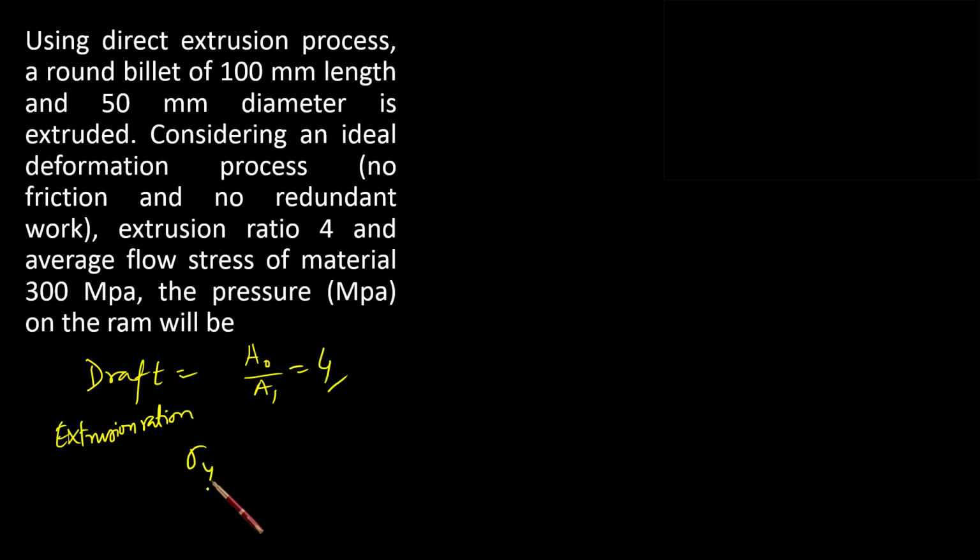Average flow stress is 300 megapascal. So the pressure on the ram will be, since it is a direct round billet to be extruded, that means a naught is given, isn't it? A naught is given, 50 mm diameter, so pi by 4 into 50 square, that is a naught.